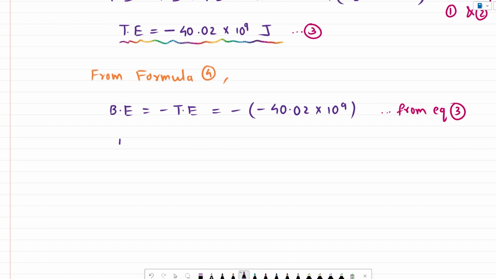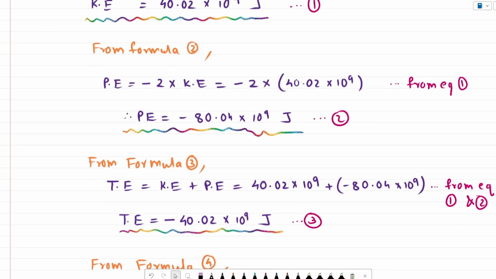So with this, our final energy, the binding energy of the satellite, comes out to be positive 40.02 into 10 raised to 9 joules, the unit for measuring energy. And this was our fourth and final energy that we had to find for this particular numerical.